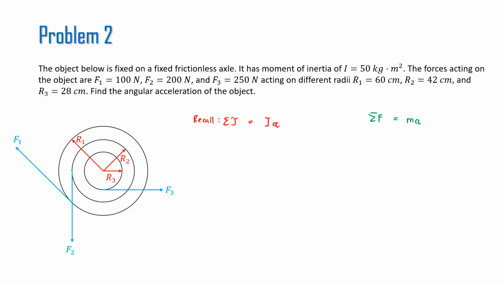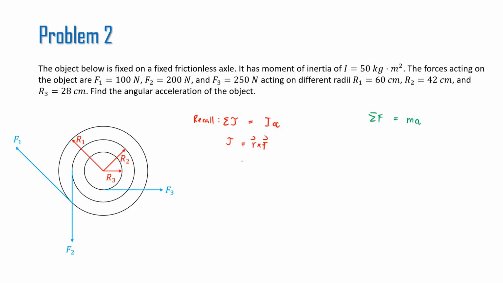Now we have to notice that all the forces F1, F2, and F3 are tangential with the object. Meaning to say, your vector R is perpendicular with the forces. So we have torque is equal to R cross F. Your vector R is perpendicular with your force vector, since your force vector is tangential with respect to the object.